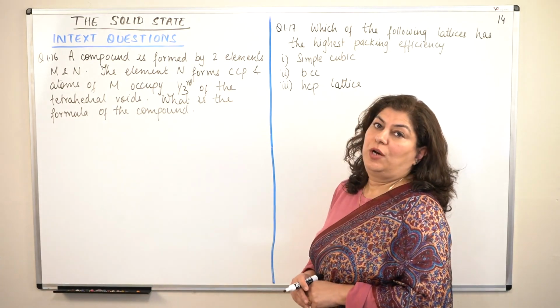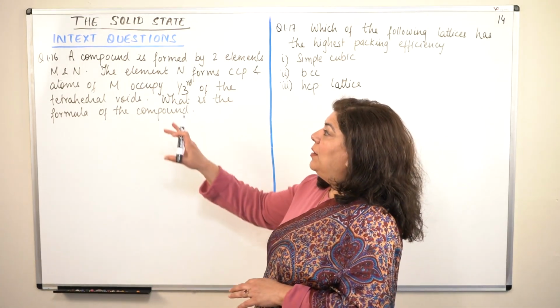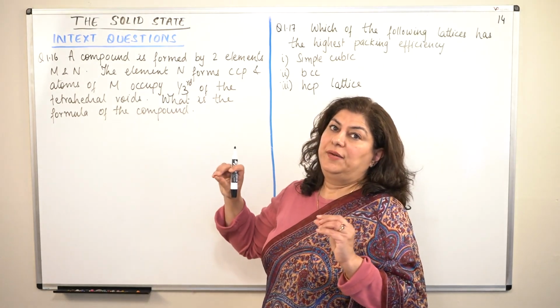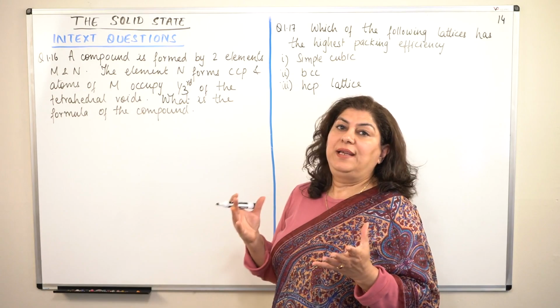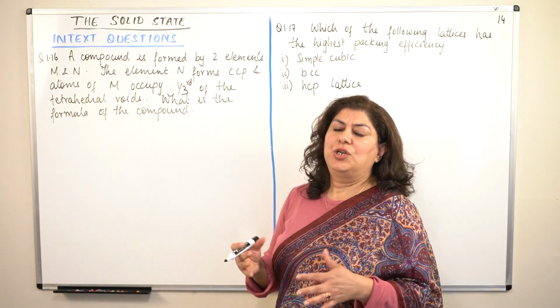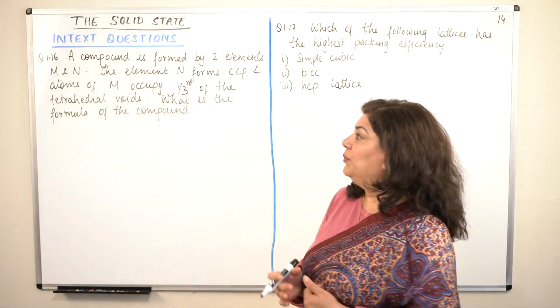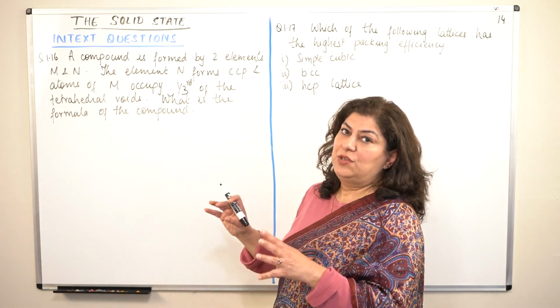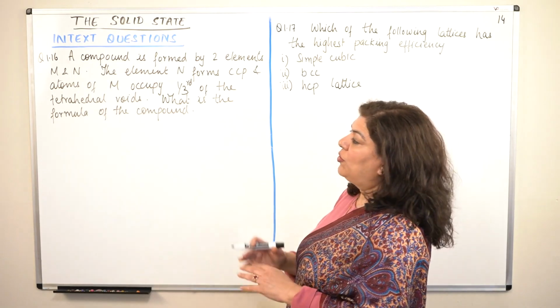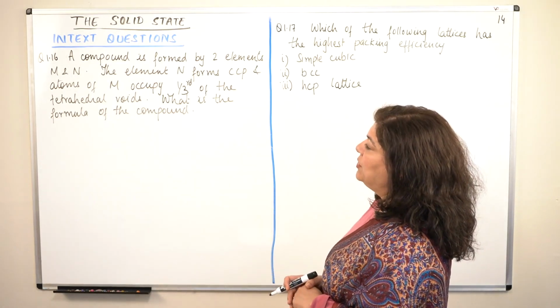What is the formula of the compound? By knowing the ratio, the minimum ratio between M and N, you can calculate the empirical formula, which could be the molecular formula too. So we'll assume that that formula that we get would be the molecular formula or the empirical formula of the compound.